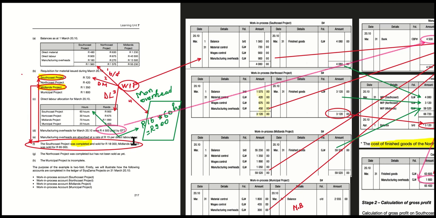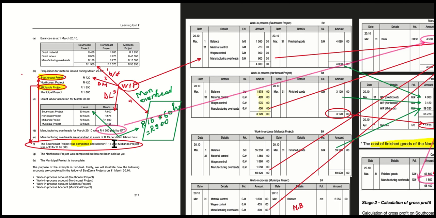So it does make sense. It does make sense, the fact that it is the direct labor hour that is the basis for the allocation, all right? Which is good. So let's keep that in mind.